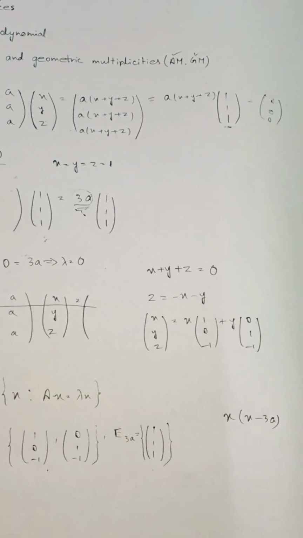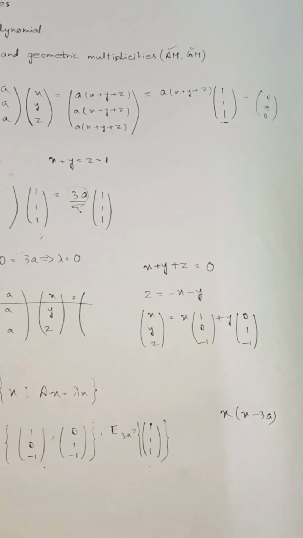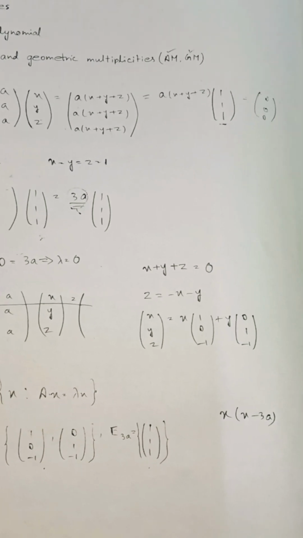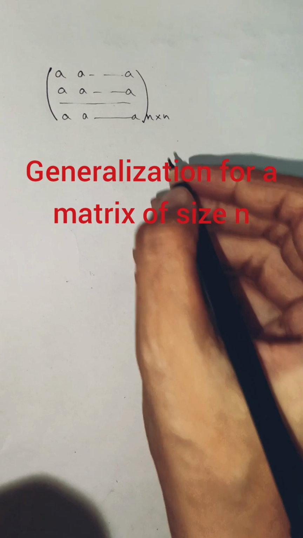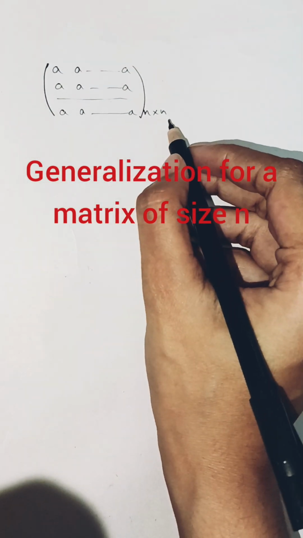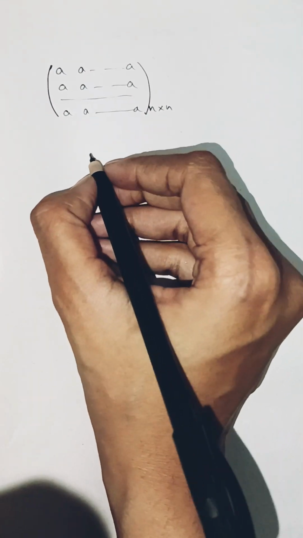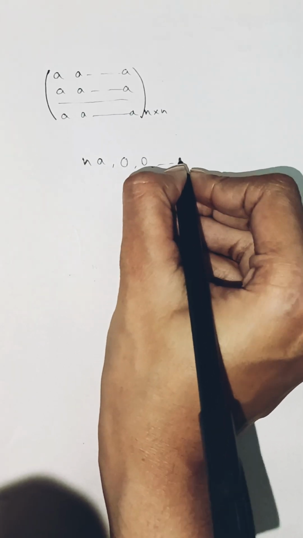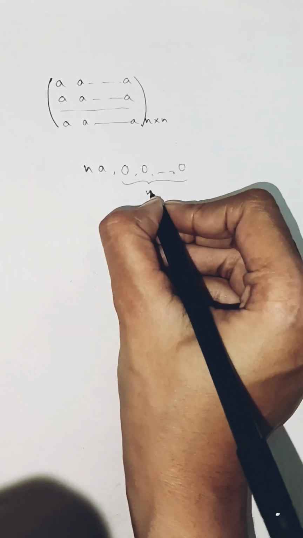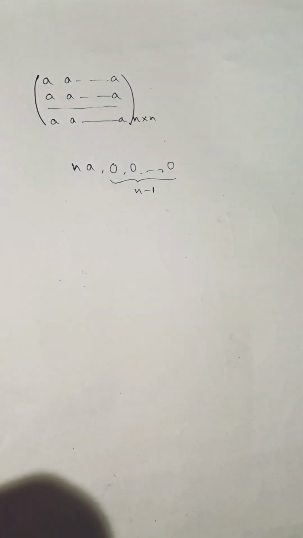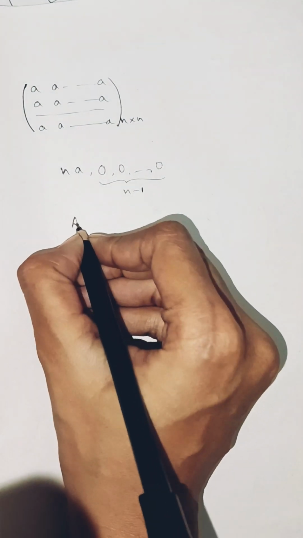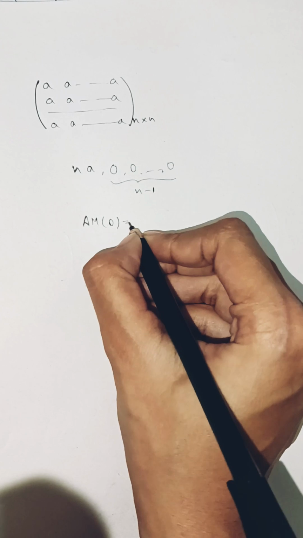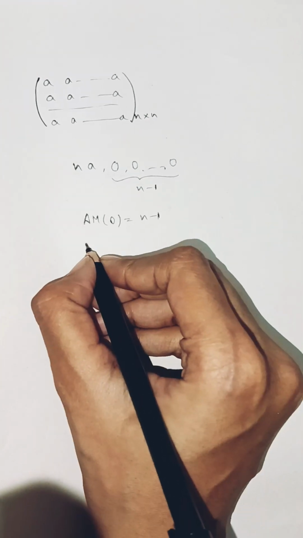Now to generalize all these for some order n matrix, we have the eigenvalues for this order n matrix as na and 0, 0, 0, n minus 1 times. So the AM of 0 is n minus 1.